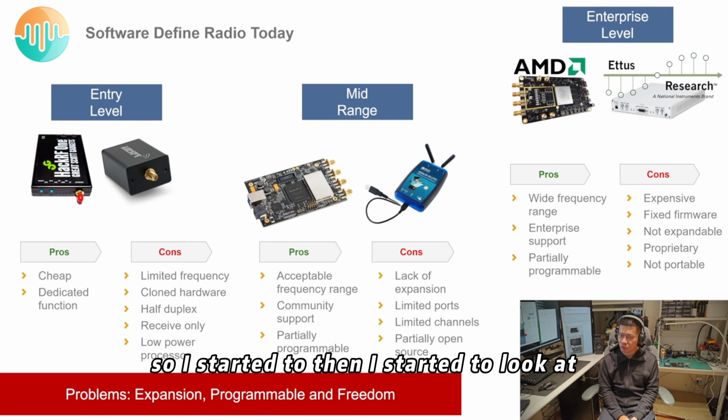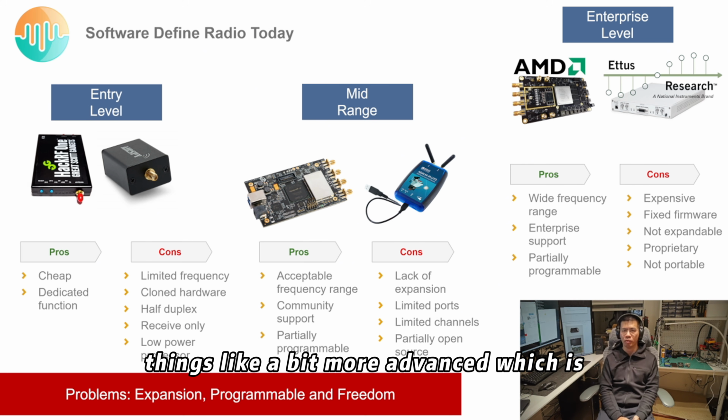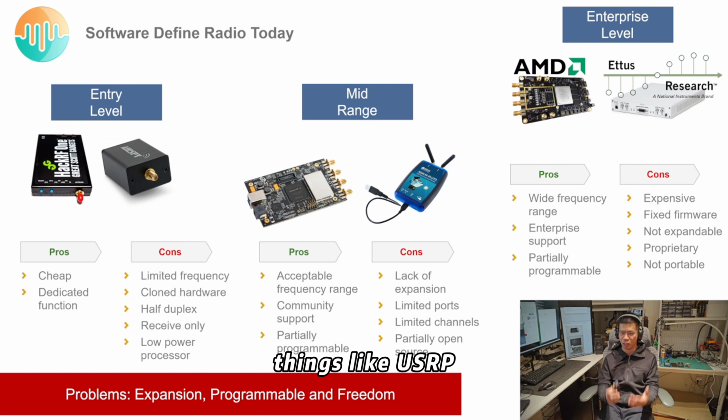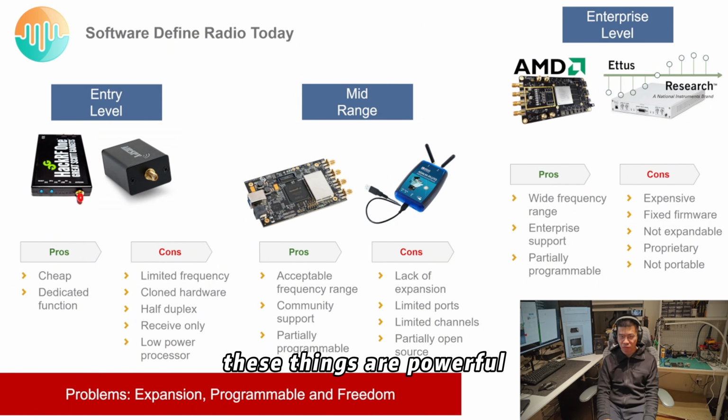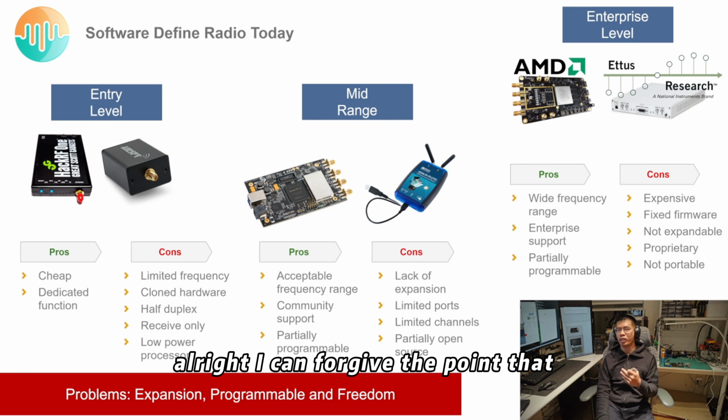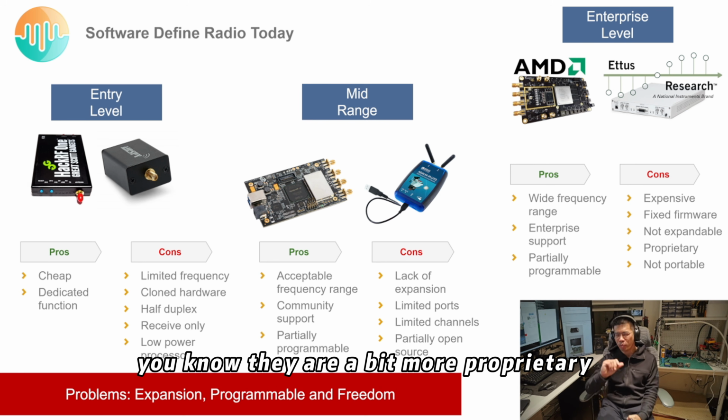So I started to look at something a bit more advanced, things like USRP or Raptor from AMD. These things are good. These things are powerful. I can forgive the point that they are a bit more proprietary.